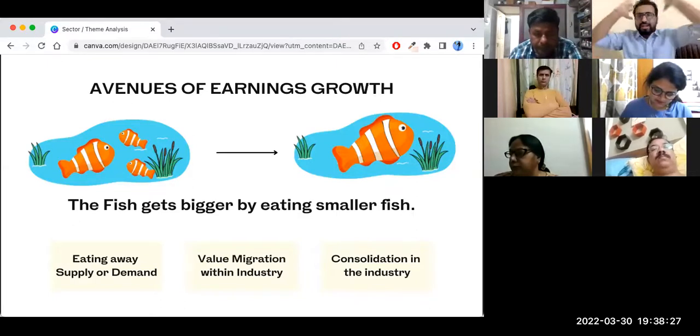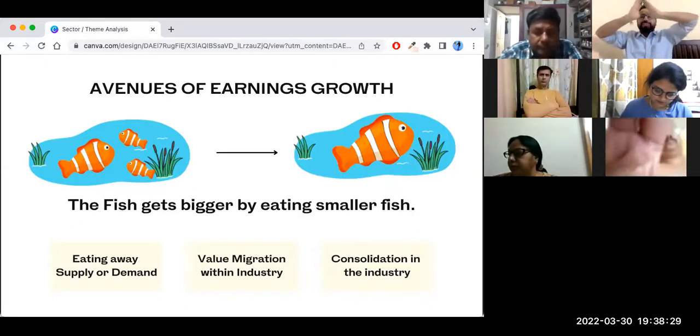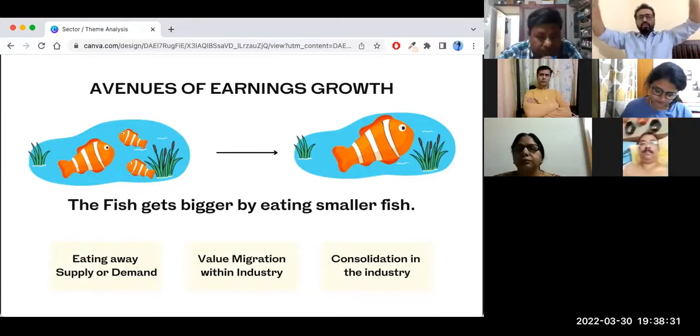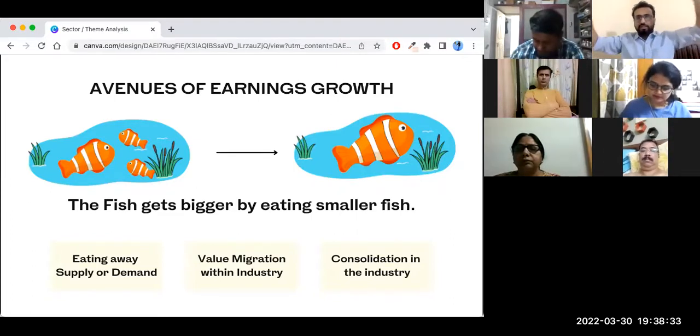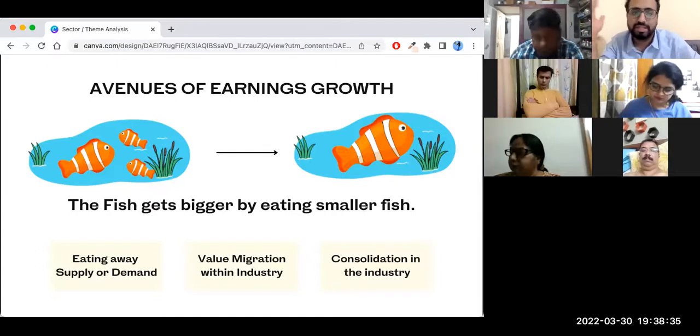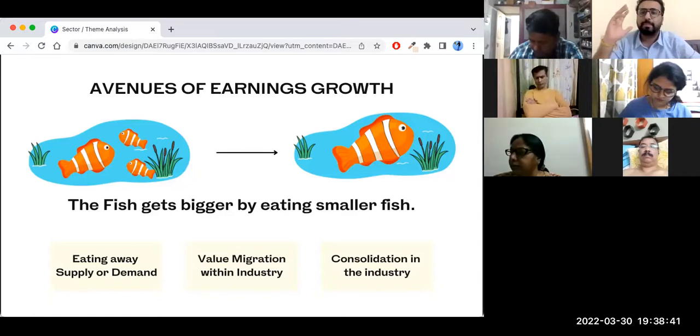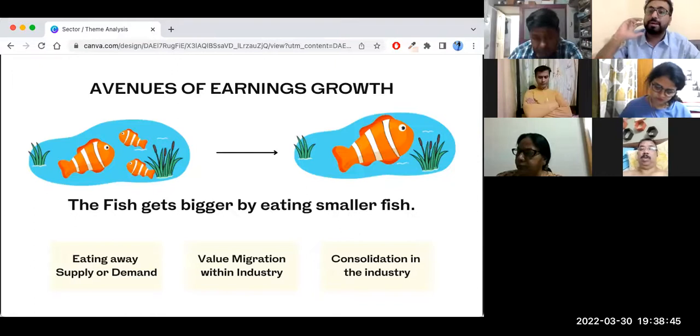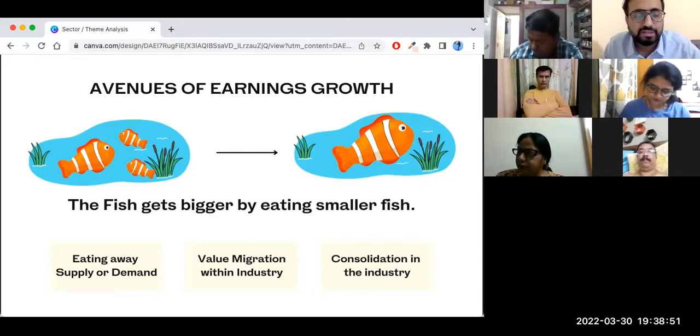So in your head, you would have to separate these divisions. The first way was the sector is becoming bigger, because of that the company is becoming bigger. The second way is the sector is not becoming bigger, but the company is becoming bigger by eating away market share. Now, how can this happen?